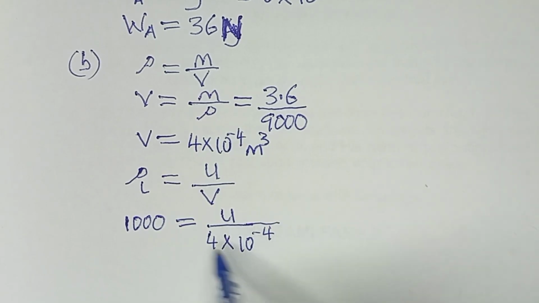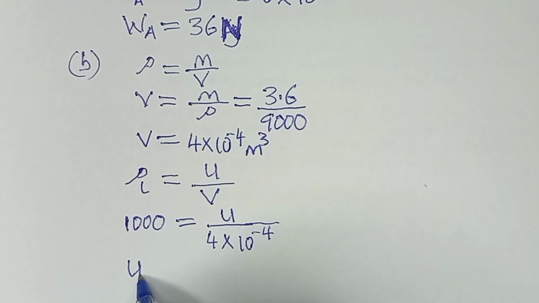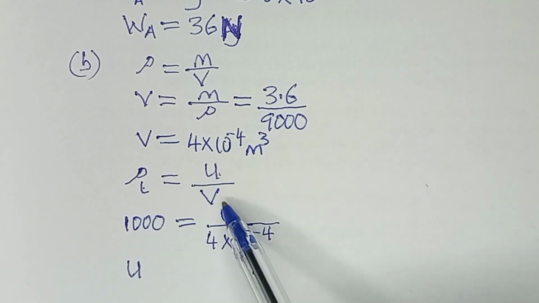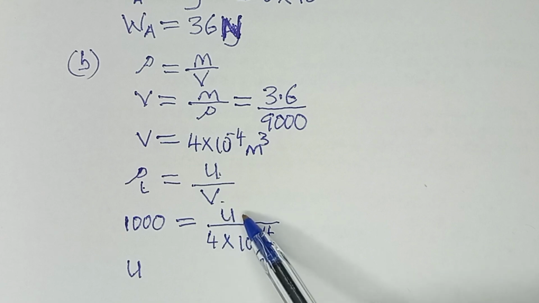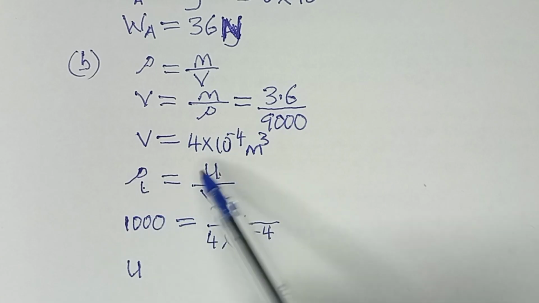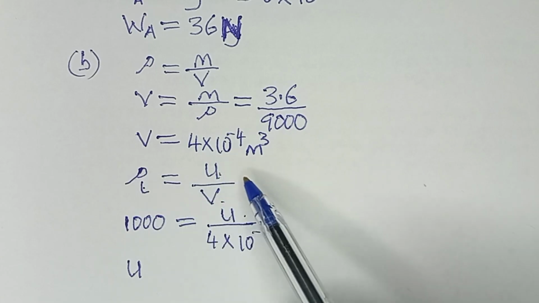And then by the time we cross multiply, we're going to get the upthrust. Please don't forget, density is mass over volume. So this upthrust is in kilogram. It's like value in mass. So this upthrust is in kilogram, not yet in Newton. You can later convert it to Newton. But right now, in this formula, upthrust is in kilogram.